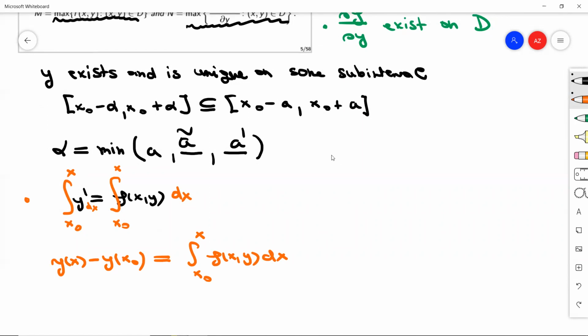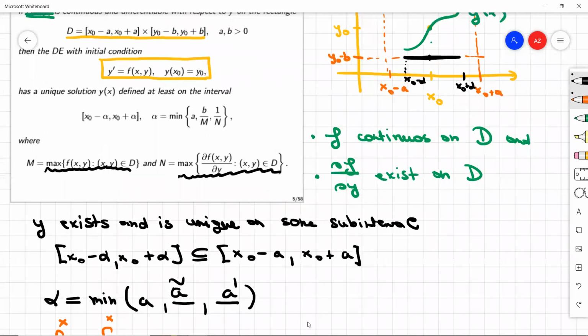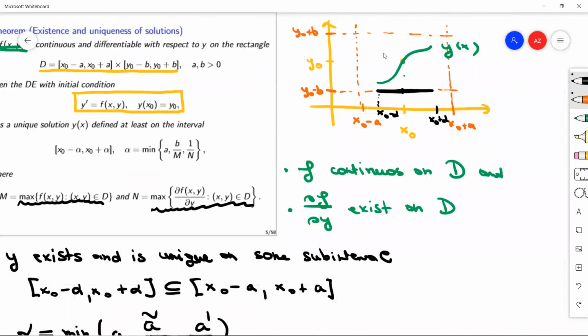Since our solution must live in this rectangle, the difference between y of x and y0 must be at most half of the side of the rectangle. So it must be at most b, because y of x must be somewhere on this line, and y0 is in the middle.